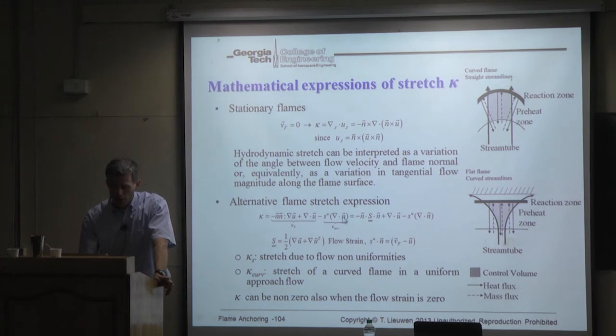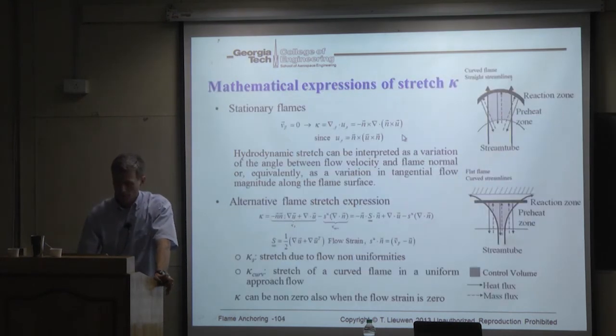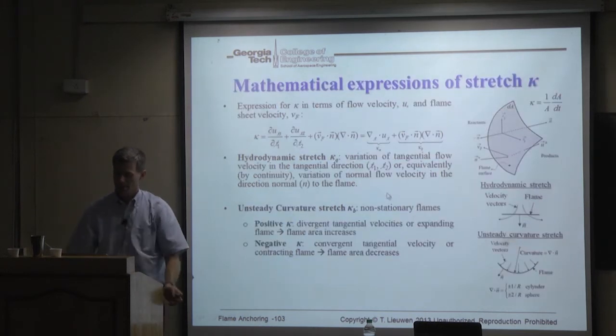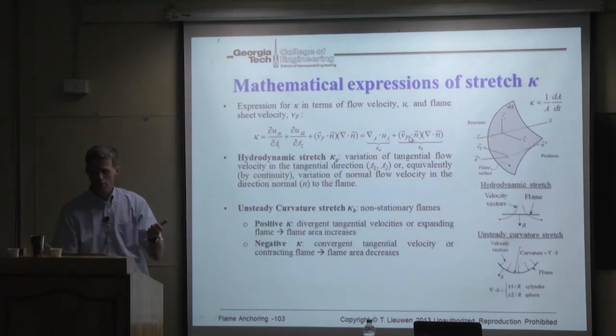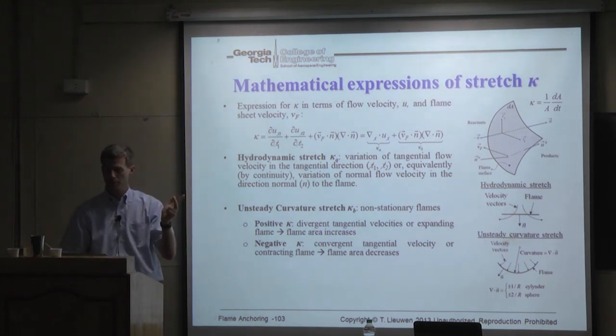This term right here also has a curvature term. S_U is the flame speed, S_U divided by the radius of curvature. Notice that this term is not the same as what I called kappa B here, because this was V_F, the velocity of the flame sheet. This is the flame speed. So the velocity of the flame sheet, the flow velocity, the gas velocity, and the flame speed are all related.